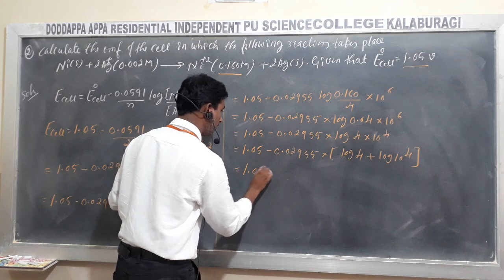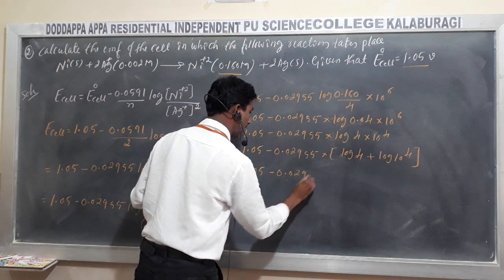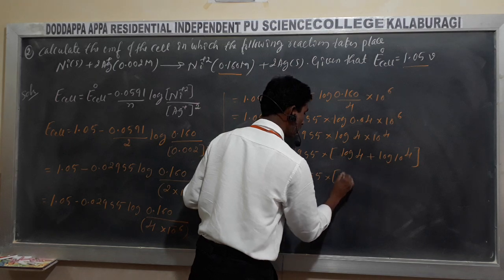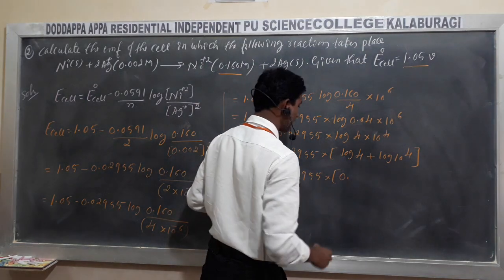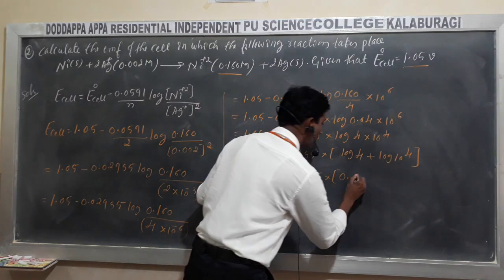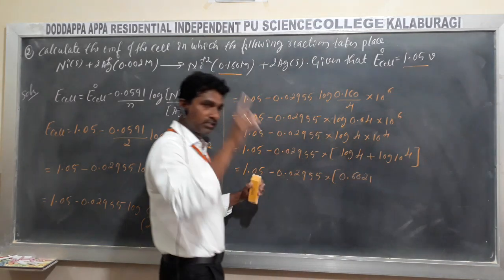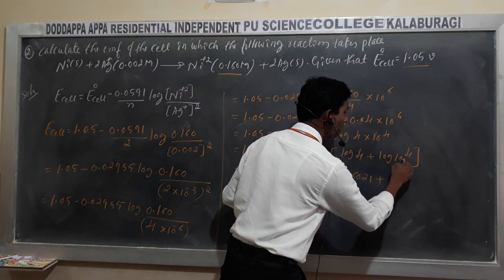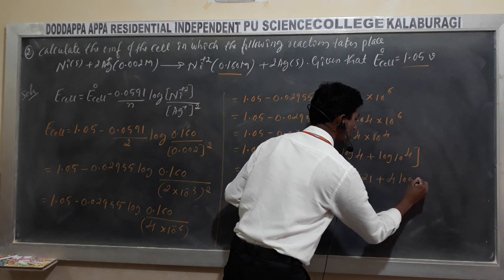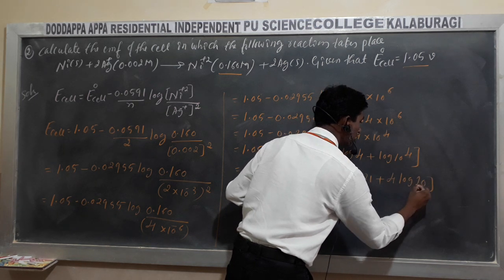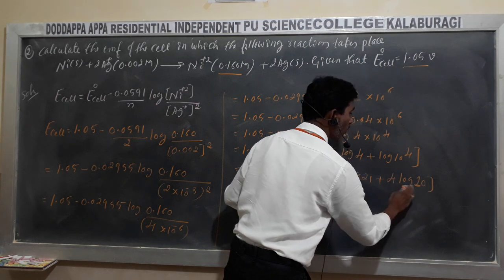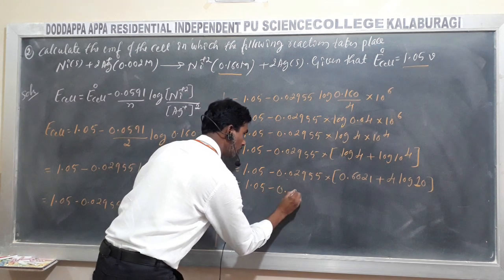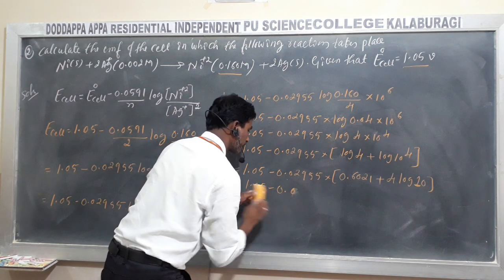Here 1.05 minus 0.02955. What is the characteristic? Log 4 has only one digit, so 0 is the characteristic. Log 4 means log 40, which is 6021 in the log table. So first column is 6021. Plus log of A to the power of x, which is x log A: 4 log 10.